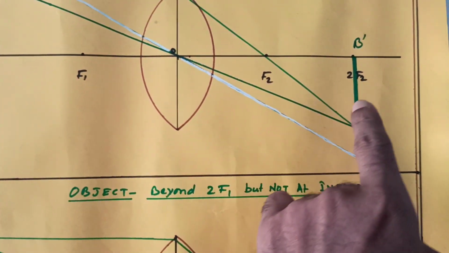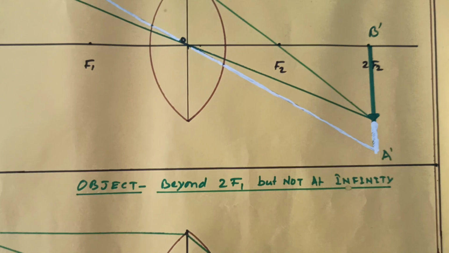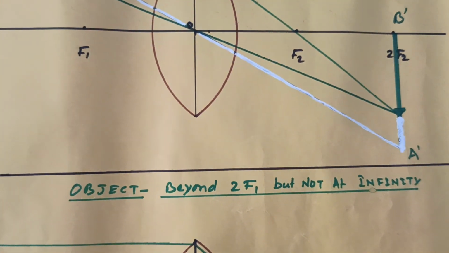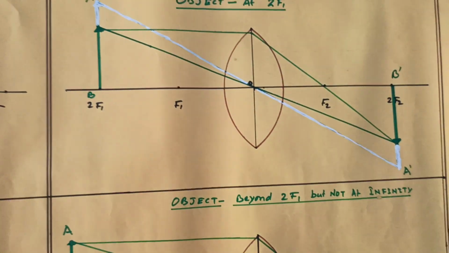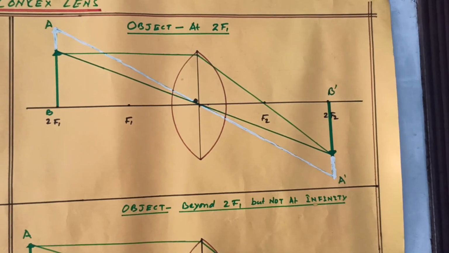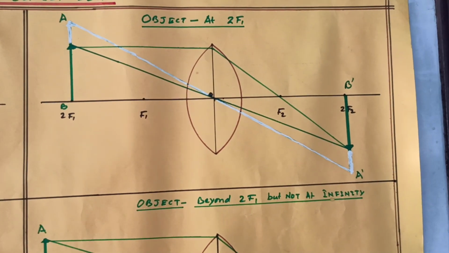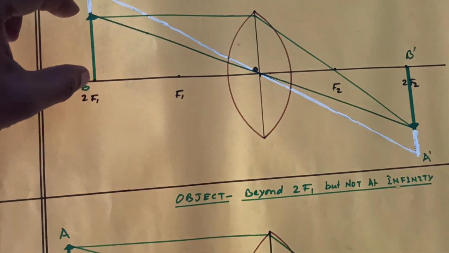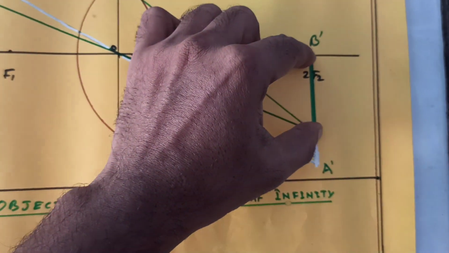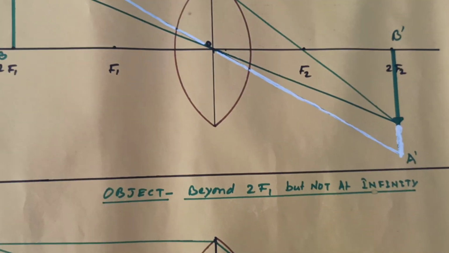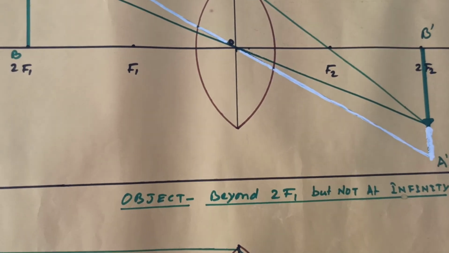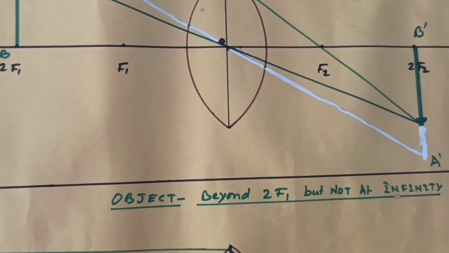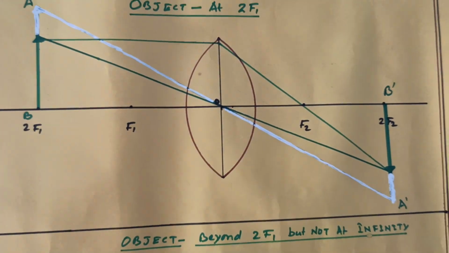Then the image formed by the convex lens is at 2F2. This is the image, and it is inverted, remember. The size of the image and the size of the object are the same. And the nature is again real and inverted.